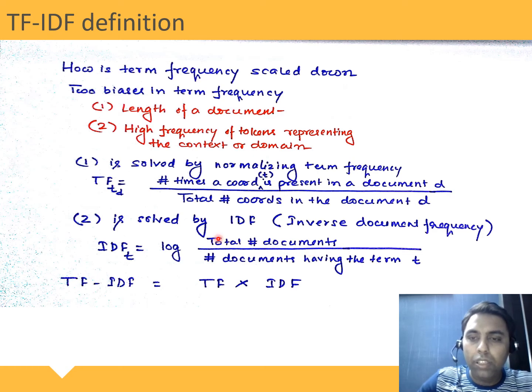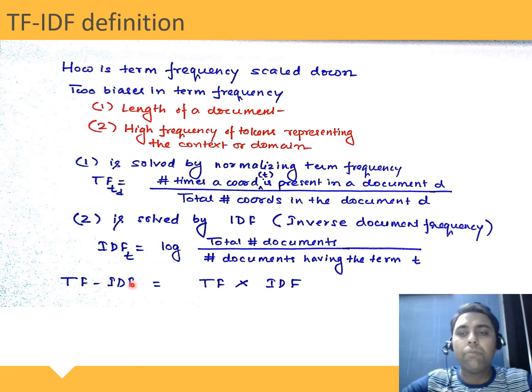Then instead of taking the log of that, you take a reciprocal of it, because that's a proportion and you don't want the scaling factor to be negative. You take the reciprocal and then calculate the log of that, and that gives you the scaling down factor. And TF-IDF will basically be TF multiplied by the IDF factor.